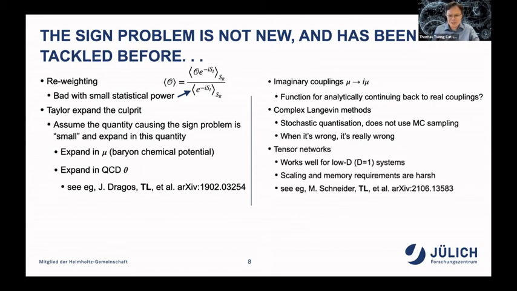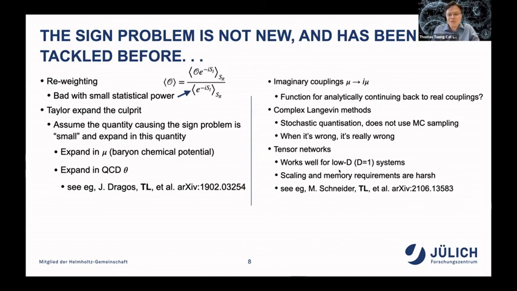More recently, people have considered using tensor networks. I won't say anything specific about it, other than the fact that tensor networks are deterministic calculations, they're not stochastic. Because of that, they don't care whether or not there's a complex term in the action, so they are immune to the sign problem. They work extremely well for low D systems, particularly D equals 1 systems.